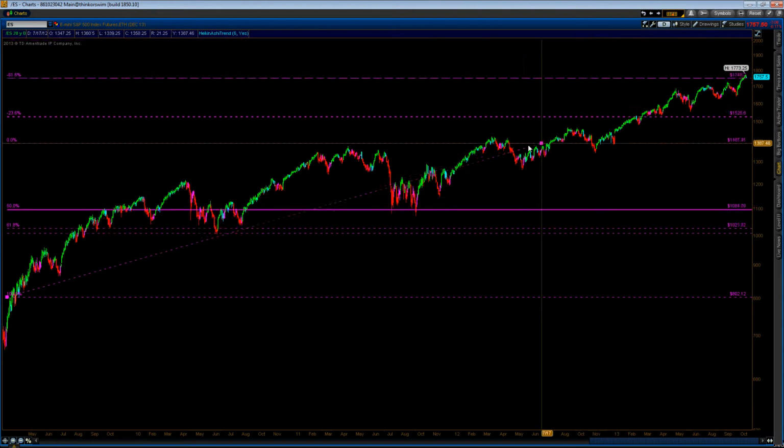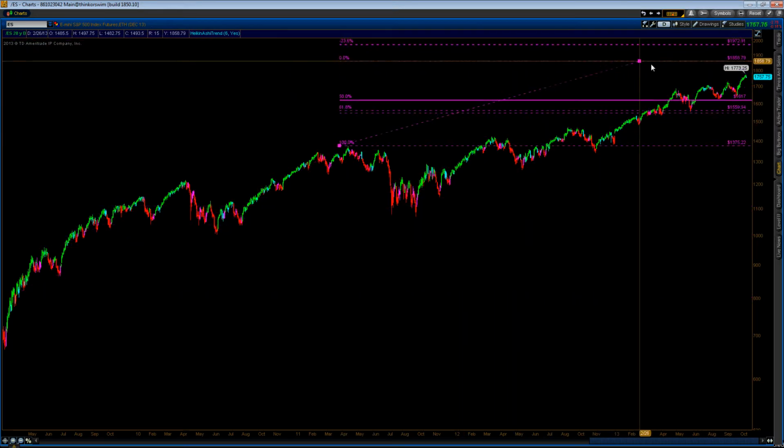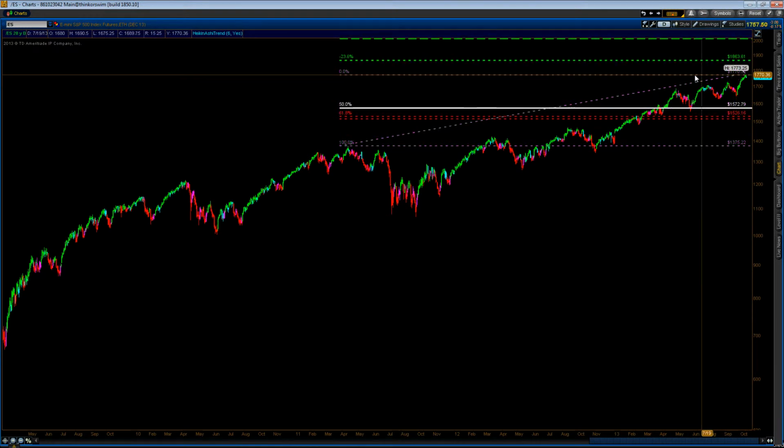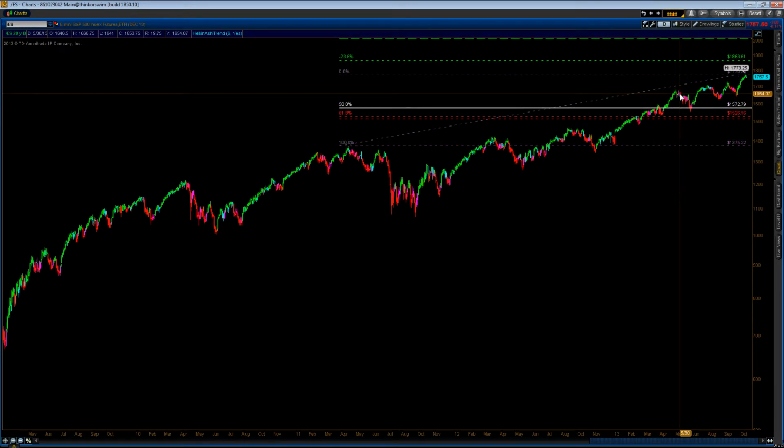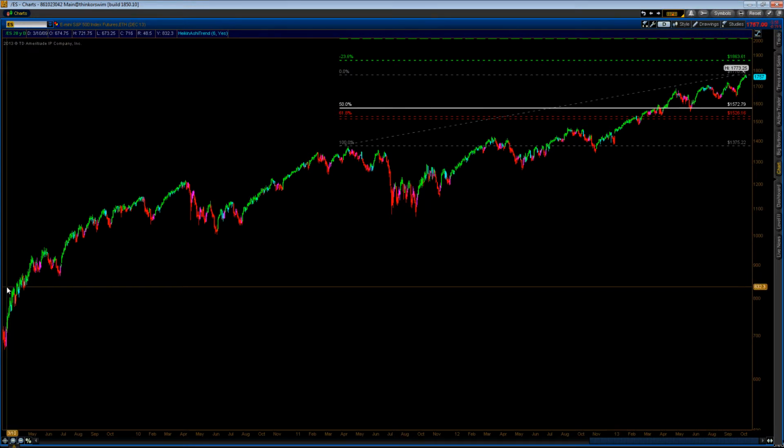And so now we have a new high to high extension on the S&P 500 that has a potential pullback, if we get that larger pullback for that daily swing, all the way down at the 1572. We're not really concerned with that right now. I'm just wanting to show you how a market moves once it moves into extensions.